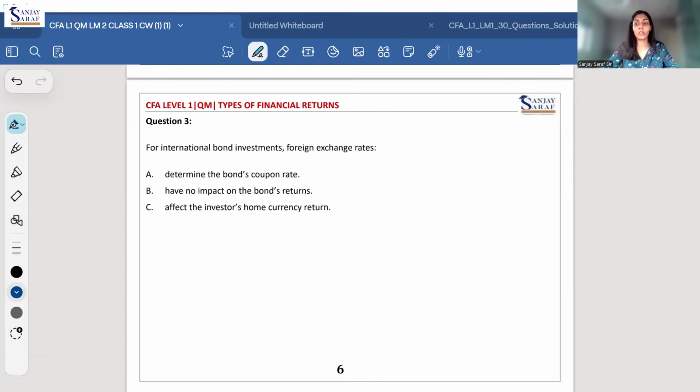Good, all of you have said C. That is correct. बॉन्ड का कूपन रेट तो वो कंपनी ही डिसाइड करेगी. एक्सचेंज रेट से उसको कूपन रेट में कोई डिफरेंस नहीं है. Of course it's going to have an impact on the home currency of the investor, क्योंकि जब हम एक्सचेंज करके रिटर्न लेंगे तो करेंसी एक्सचेंज रेट इम्पैक्ट करेगा. The correct answer is C, affect the investor's home currency return.